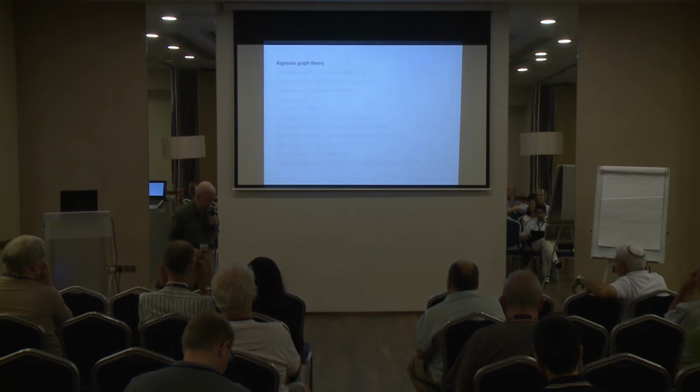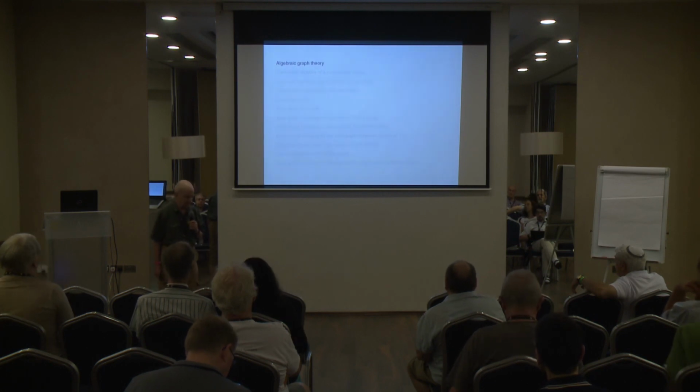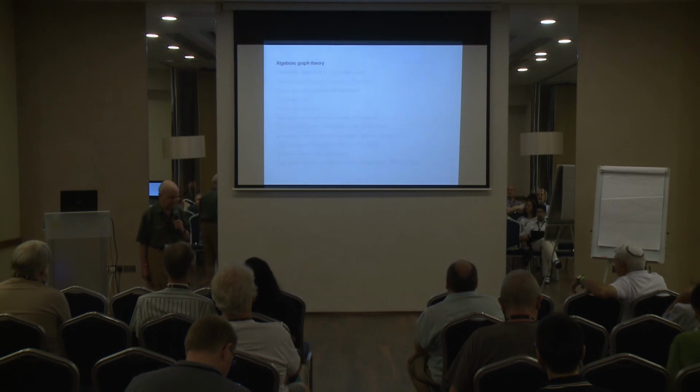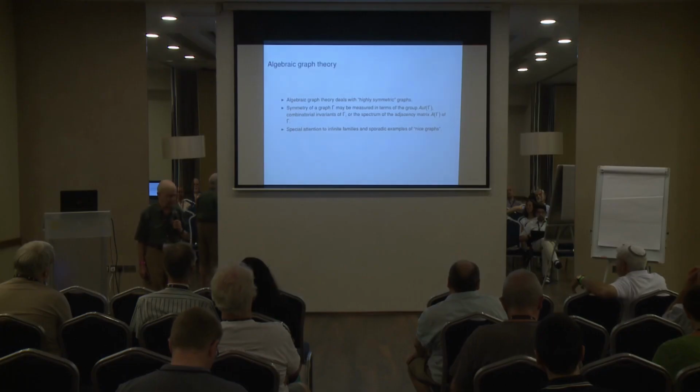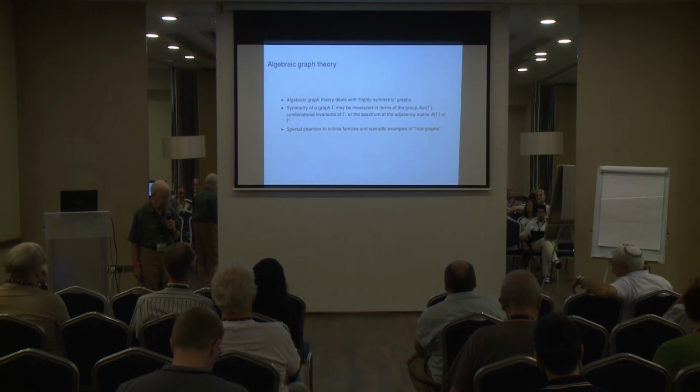So let's start from the topic of algebraic graph theory. Two names are attributed to this area. One name is algebraic graph theory, and another name is algebraic combinatorics. In algebraic graph theory, we would like to find some nice structures. Nice means highly symmetric structures. What high symmetry means can be described in different terms. The ideal situation is that high symmetry means we have a very rich automorphism group.